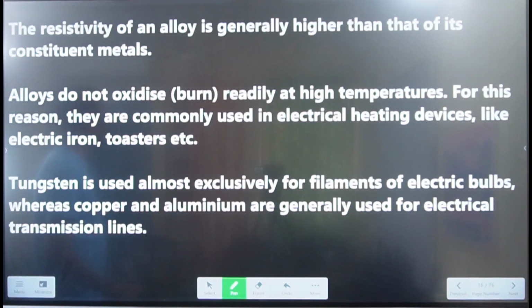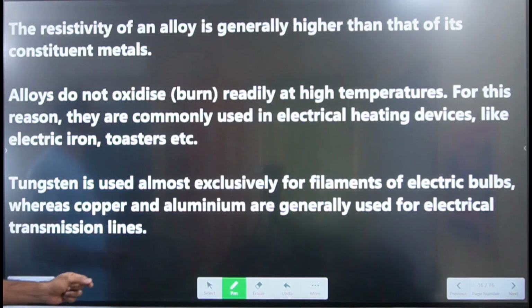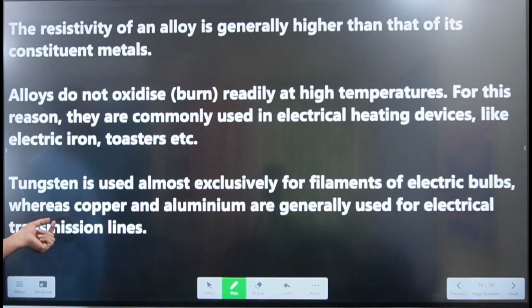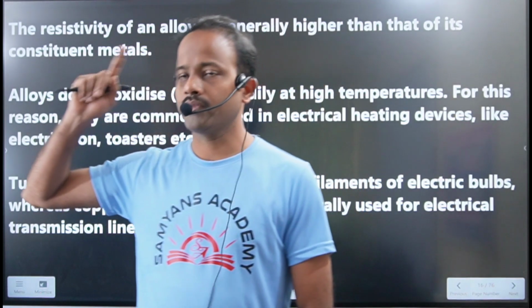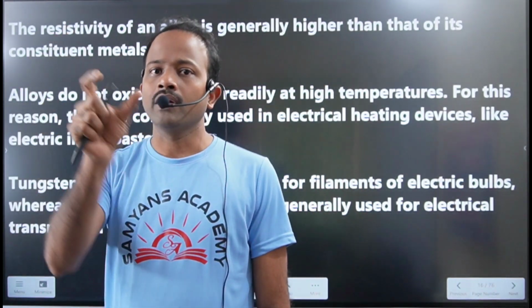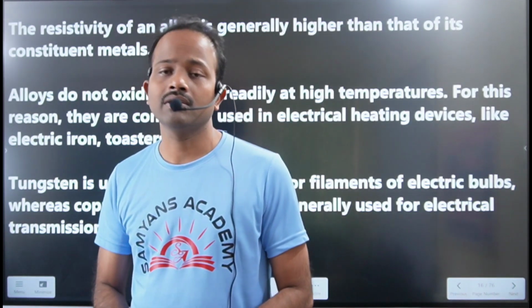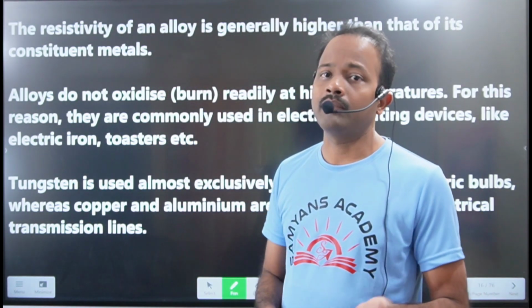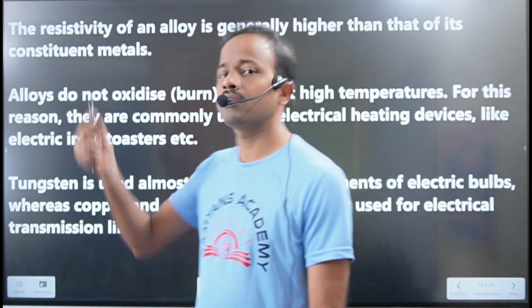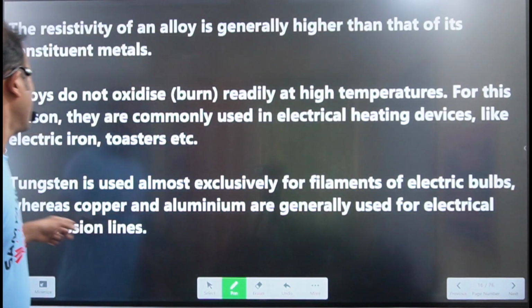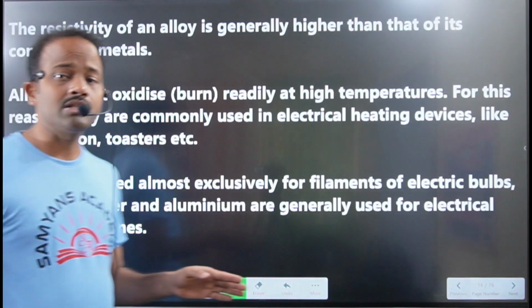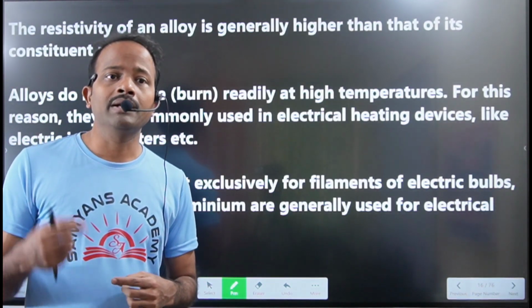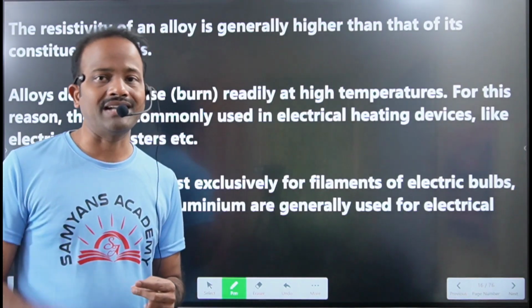Tungsten is used almost exclusively for filaments of electric bulbs, whereas copper and aluminum are generally used for the electrical transmission lines. పవర్ స్టేషన్ నుంచి మనకి వచ్చే ఎలక్ట్రిసిటీ పెద్ద పెద్ద హై టెన్షన్ వైర్లలో వస్తుంది కదా. అవి అల్యూమినియం లేదా కాపర్ తో తయారు చేయబడతాయి, ఎక్కువ అల్యూమినియం వైర్స్ ఉంటాయి. మన ఇళ్ళలో వైర్లలో కాపర్ ఎక్కువ ఉంటుంది. వాటి రెసిస్టివిటీ వాల్యూ చాలా తక్కువ, ఫ్లో ఆఫ్ చార్జ్ ఎక్కువ, కాబట్టి కరెంట్ ఈజీగా ఒక ప్లేస్ నుంచి ఇంకో ప్లేస్ కి ట్రాన్స్మిట్ అవుతుంది.